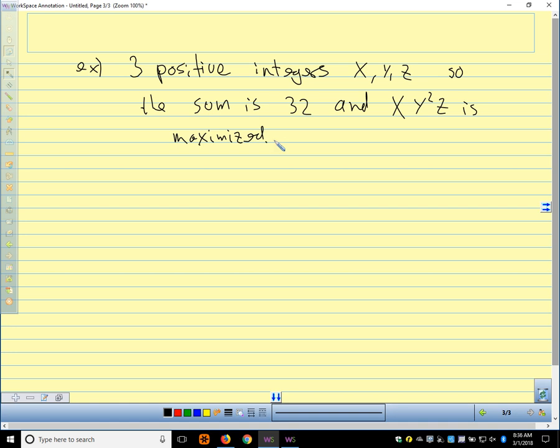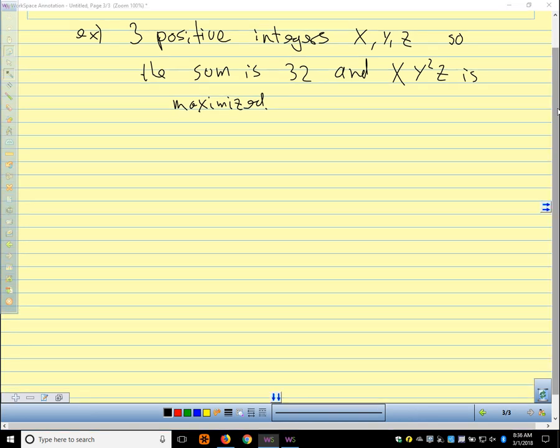It's similar. So we want 3 positive integers. Well, then the sum would have to be 32, right? So we want to maximize the product.